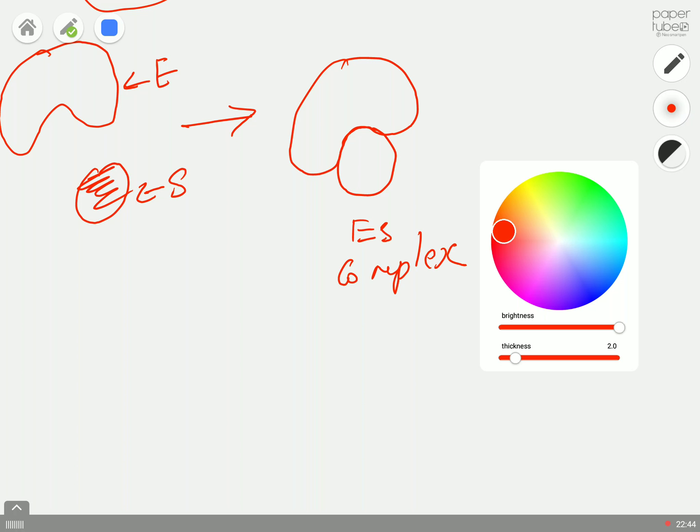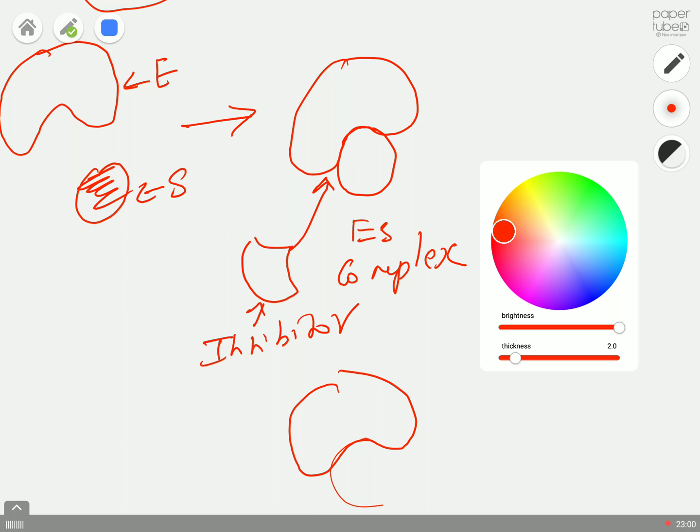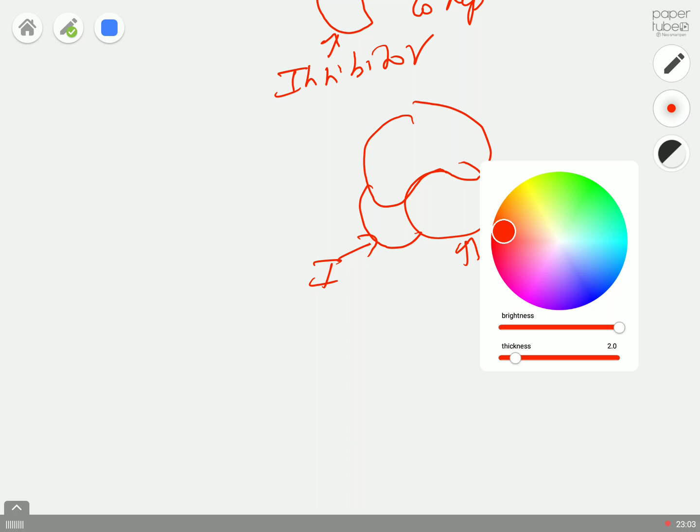And just imagine you have an inhibitor, and it can bind exactly to this place. So this is your inhibitor, this is your substrate, this is your enzyme. It can form an enzyme substrate inhibitor complex.